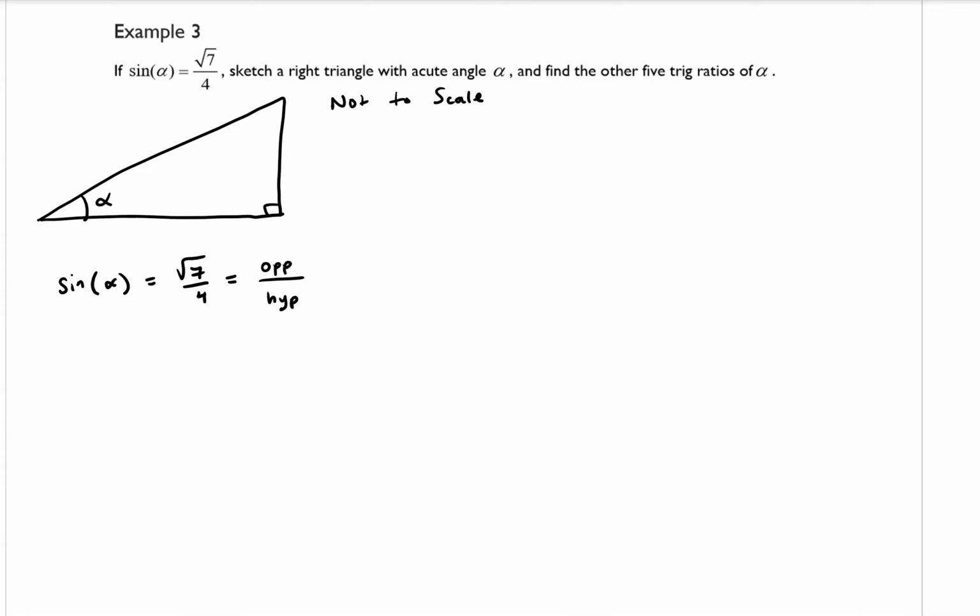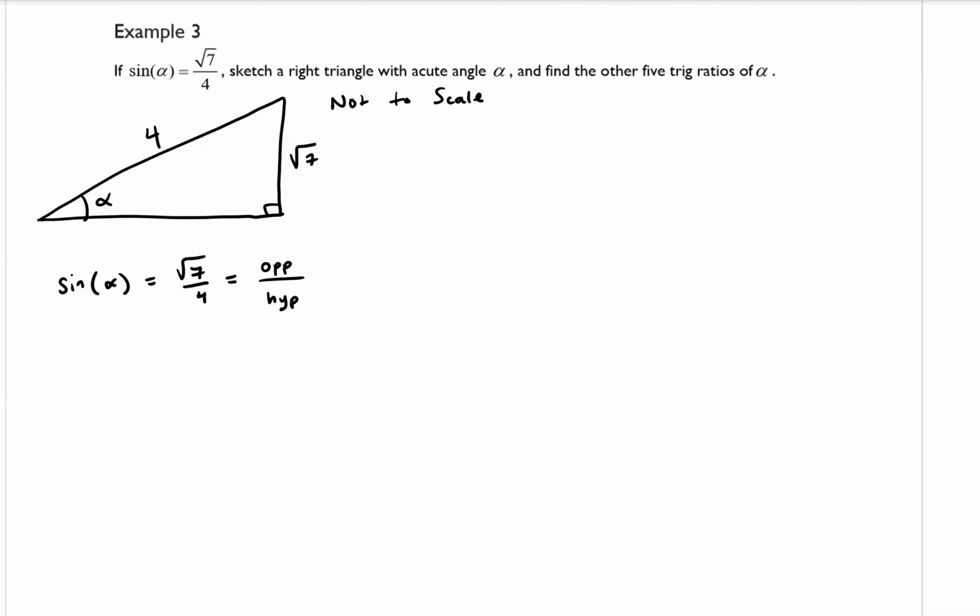And so the opposite length is going to be this one here, and we know that that is equal to the square root of 7, and then the hypotenuse is this length here, and we know that that is equal to 4.